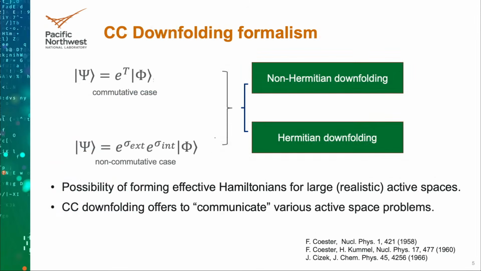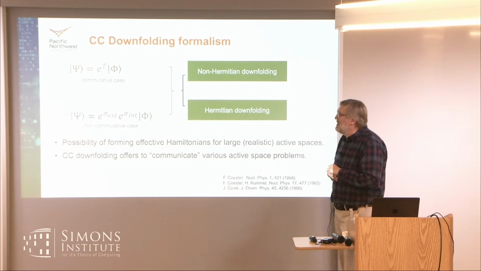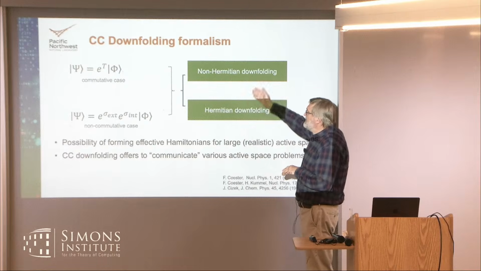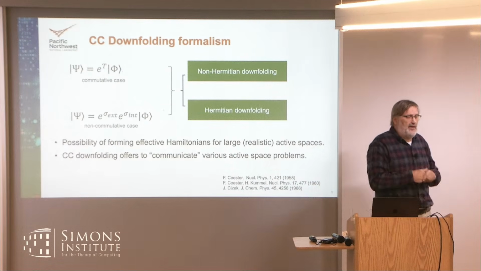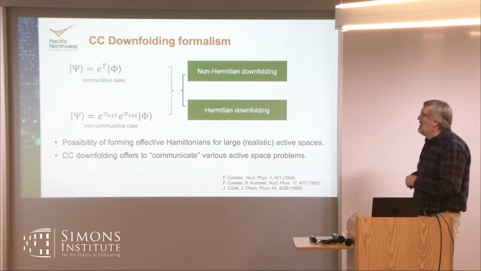What we are doing differently is using different ways of looking at those effective Hamiltonians. Originally, they were formed using the concept of the wave operator formalism. Basically, they were designed to capture strongly correlated states. But what we are doing is different. We are using the single reference theory, and we have two classes of those downfolded Hamiltonians, non-Hermitian and Hermitian.